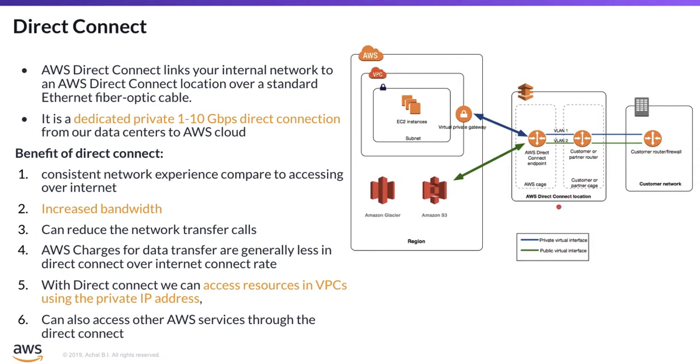If there is a Direct Connect location near our existing customer network location, we can take our partner router and establish a connection from our network to the Direct Connect location, and from there a router is connected to the Direct Connect endpoint, and this endpoint will direct the request to different services or VPCs.